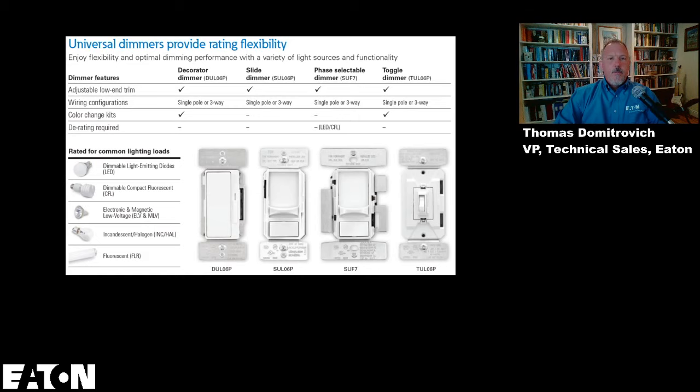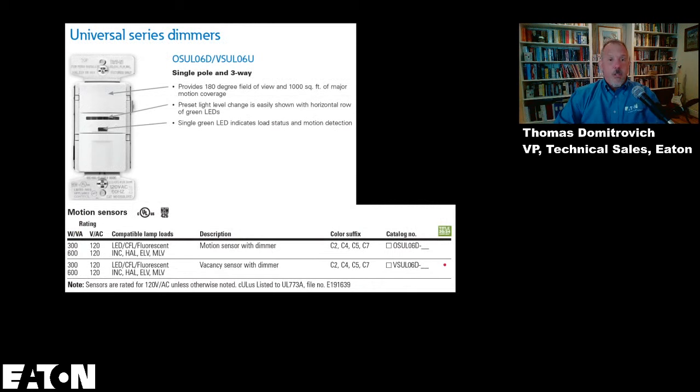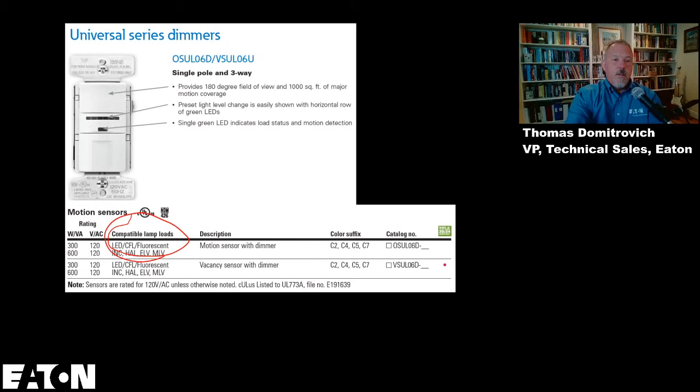So the wiring device, the lighting control device that you would use, whether it be a dimmer, an on and off, or a motion sensor with dimmer, they'll tell you the compatible lamp loads associated with them. For example, on this one here, you have a column that says compatible lamp loads, and it tells you which lamps you can use in that application.